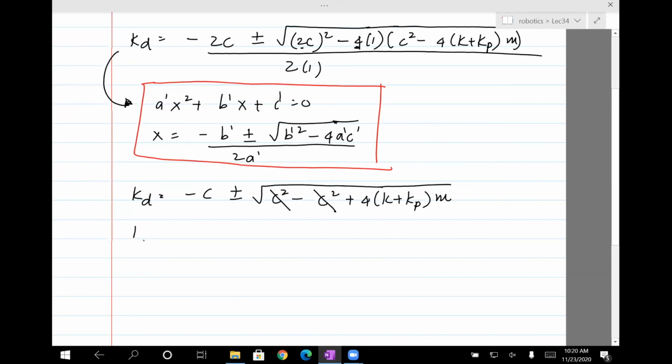And so I have Kd equals minus C plus or minus, and I can also pull the 4 out, so it comes out here, and then I have K plus Kp times M. Okay, so that's it.